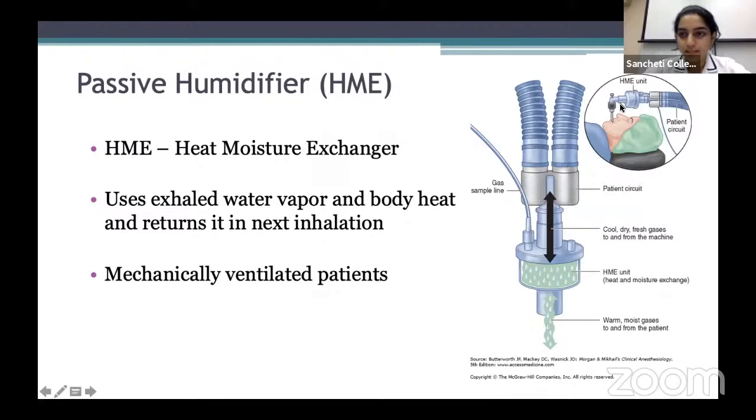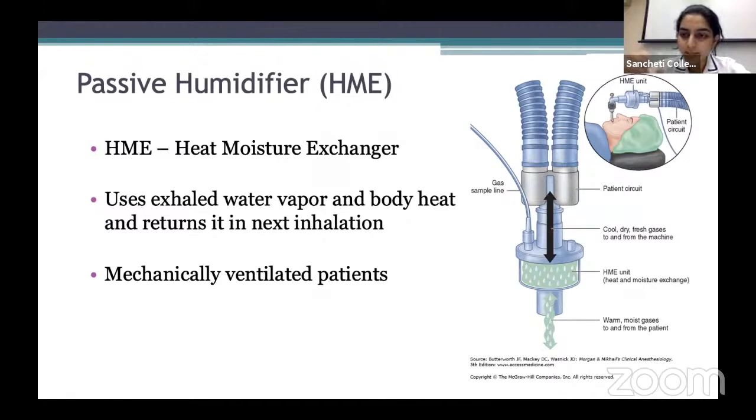If you look at the image here in this circle, you will see how the HME unit is attached to the artificial airway and then it gets attached to the ventilator tubing. Okay. So as air moves out of the patient, the HME unit will pick up heat and moisture.